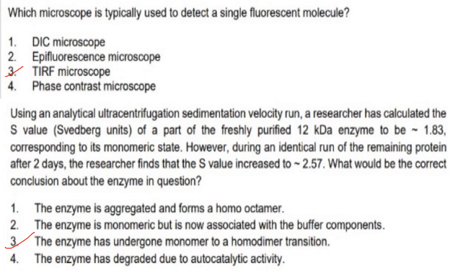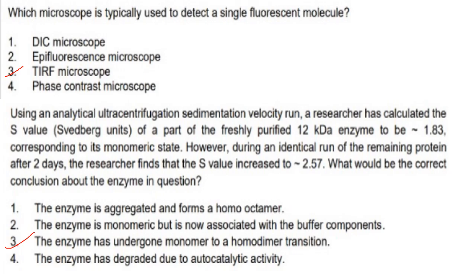So this value corresponds to the monomeric form of the enzyme. However, during an identical run of the remaining protein after 2 days, the researcher again took his sample and did the ultracentrifugation experiment. The researcher finds that the S value increased to approximately 2.57. So from 1.83 it increased to 2.57, meaning around 1.4 times.